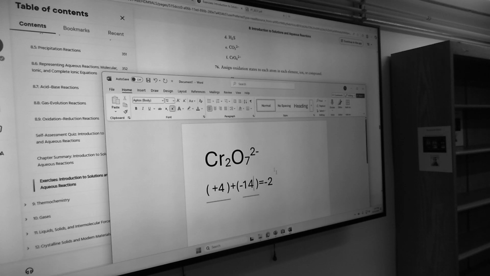The 2 negative up here means you got 2 negative here. There's 2 chromiums there. Well, what needs to go in this parentheses to make the math work out? How do you make the negative 14 equal negative 2? Plus 12. That means you've got to split that plus 12 among 2 chromiums. This should seem familiar from the ion chapter. So chromium is plus 6 here. You see that?